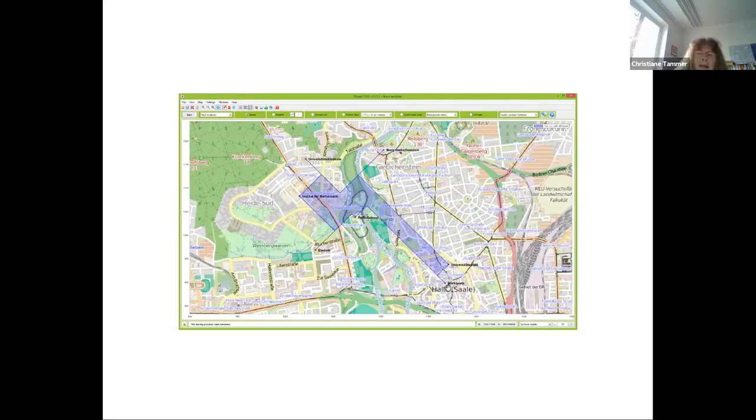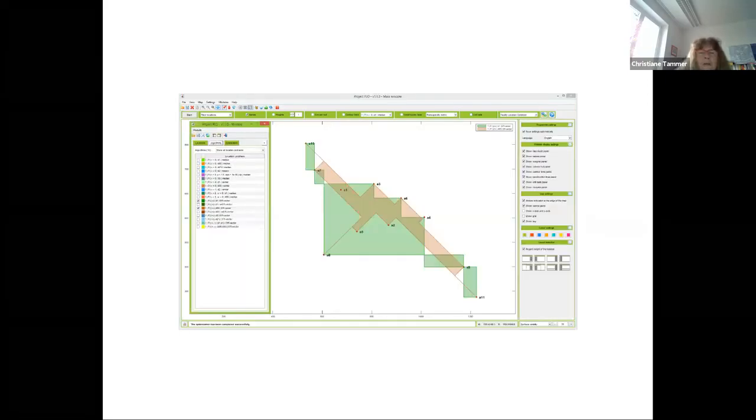This is a map of the town Halle, and the solution set of the multi-objective location problem involving the maximum norm is this set in blue color. If you would choose the Manhattan norm, then you would get such a solution that you can see here in green color. So that's all. Thank you very much for your attention.